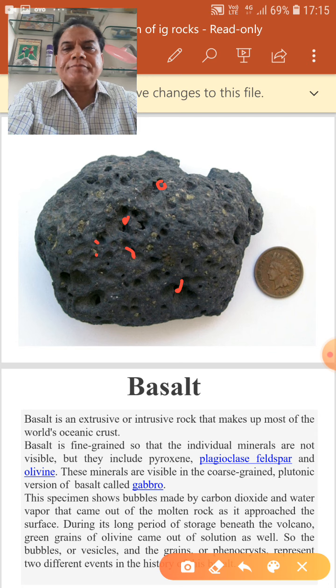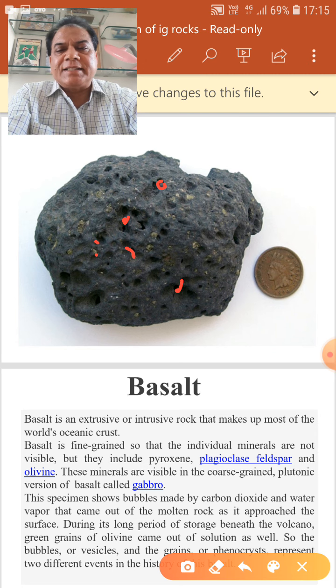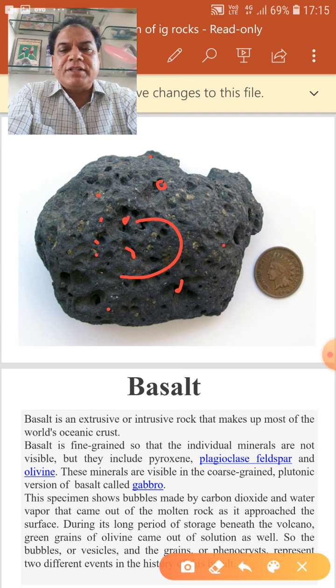So this is the volcanic equivalent of gabbro in mineral composition. If it has vesicles, it is called vesicular. If these vesicles get filled with secondary mineral material, then that is called amygdaloidal basalt.